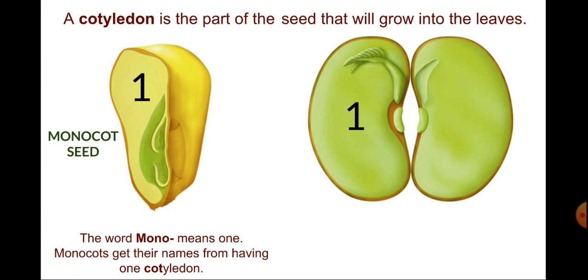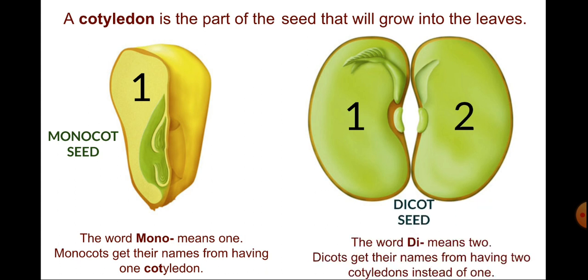The green seed has two cotyledons. So it is called a dicot seed. The word di means two. Dicots get their names from having two cotyledons instead of one. Okay?